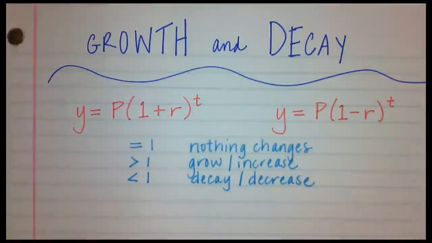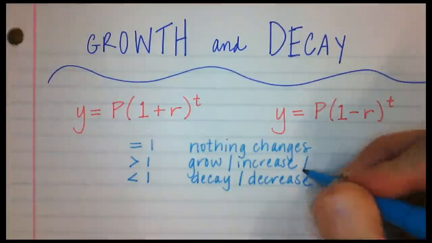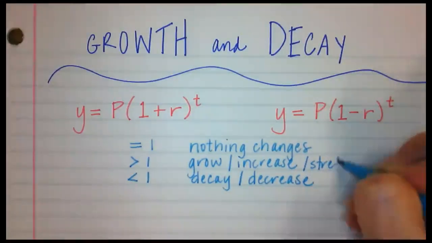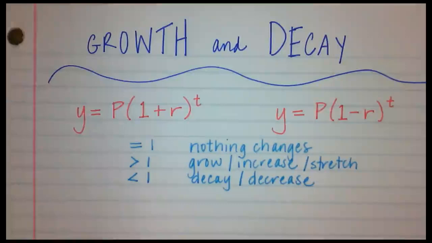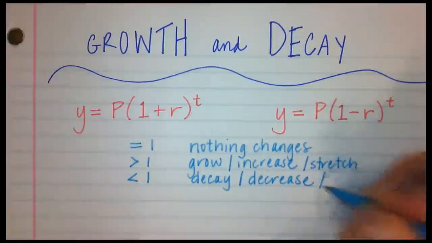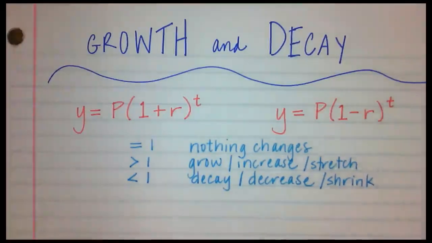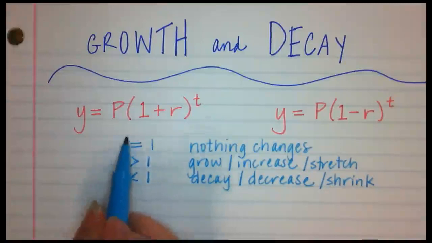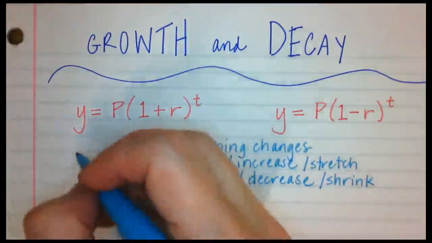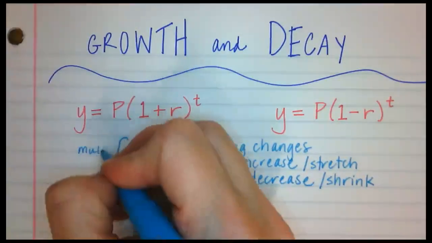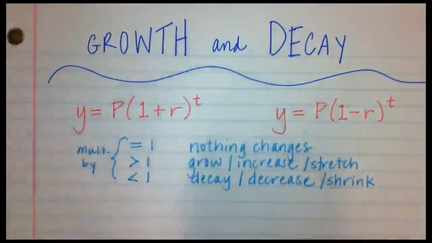So last unit, we would have called this a stretch if our a value was larger than 1, and we would call it a shrink if our a value was less than 1. So this is just talking about what happens when we multiply.